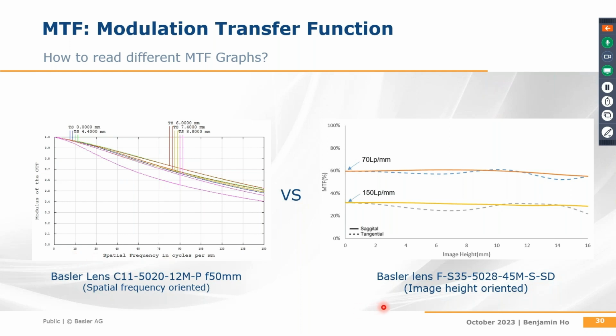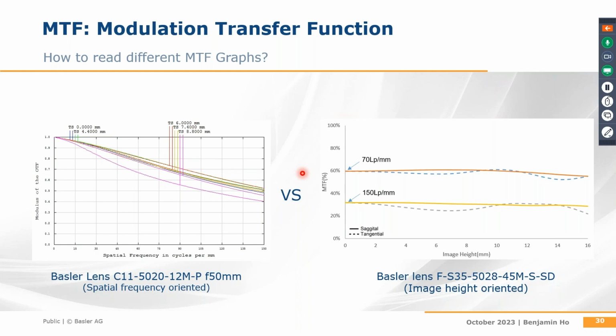Image height oriented MTF graph. The x-axis represents the image height in the field of view, usually from the center to the edge of the image. The y-axis represents modulation transfer, typically ranging from 0 to 1. This graph shows the system's ability to reproduce detail as a function of its position in the field of view.